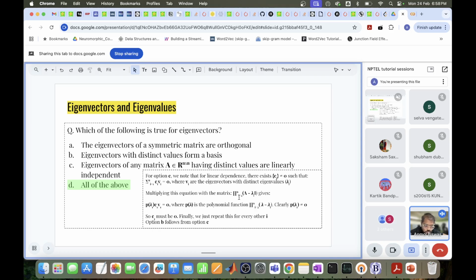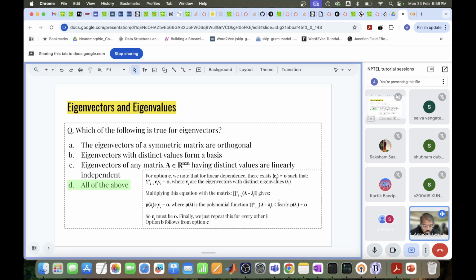You're skipping i equals 1, so you're starting from i equals 2 and going to n, right? And if you multiply this, what you will basically be left with is a polynomial in lambda 1 times c1 times v1, right? Where p of lambda is a polynomial function, the product of lambda minus lambda i going from 2 to n, right?